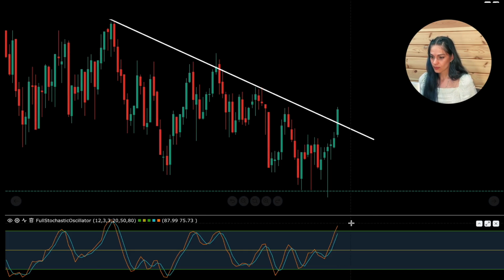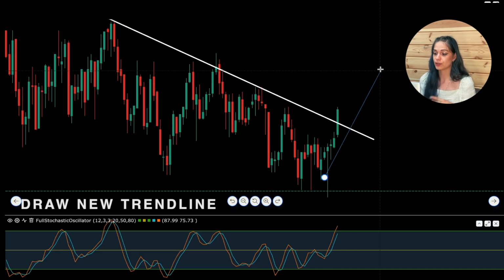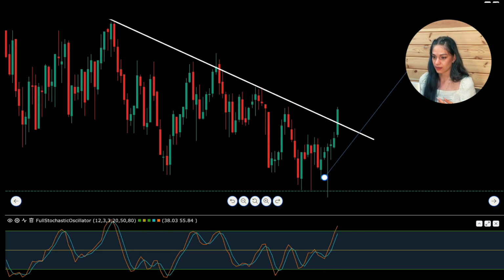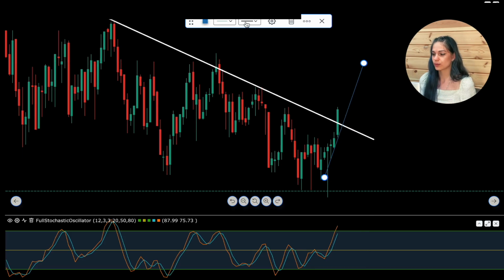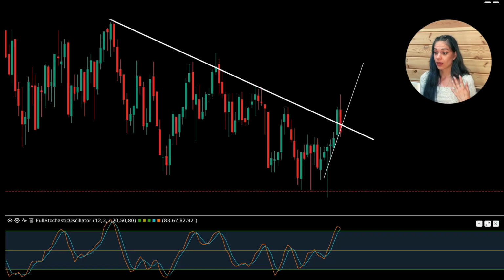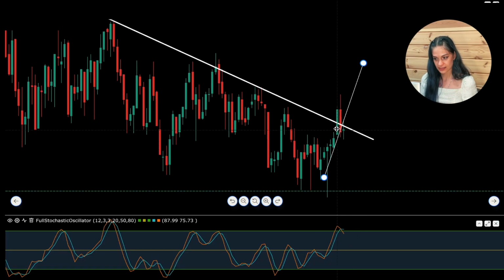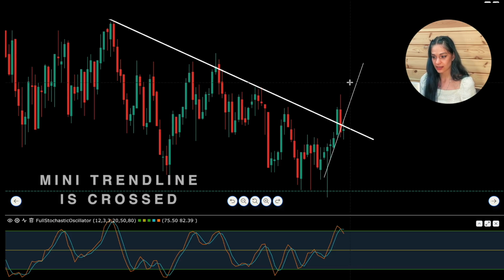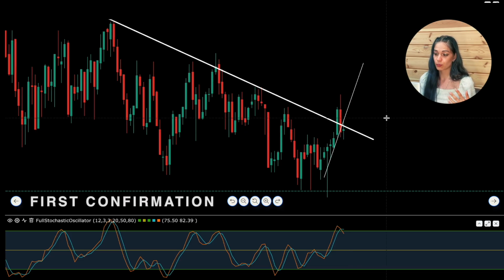So right now we are basically getting the first confirmation by drawing our new trend line. Like so, and as usual we're gonna make it white, and now let's wait for what's gonna happen. So as you see, the next candlestick crosses the mini trend line, giving us the first confirmation that we expect the reversal trend.